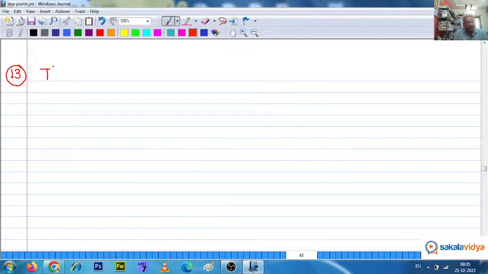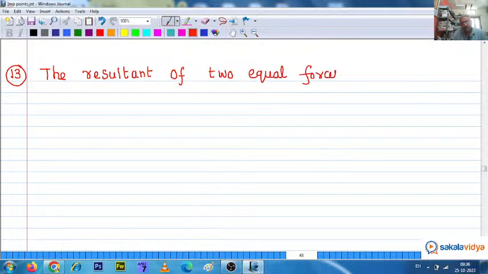The resultant of 2 equal forces of 100 newtons is 150 newtons.